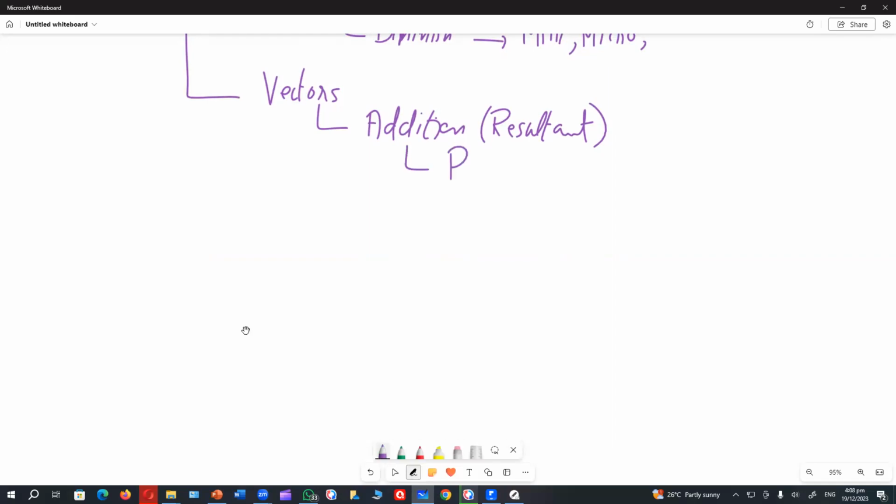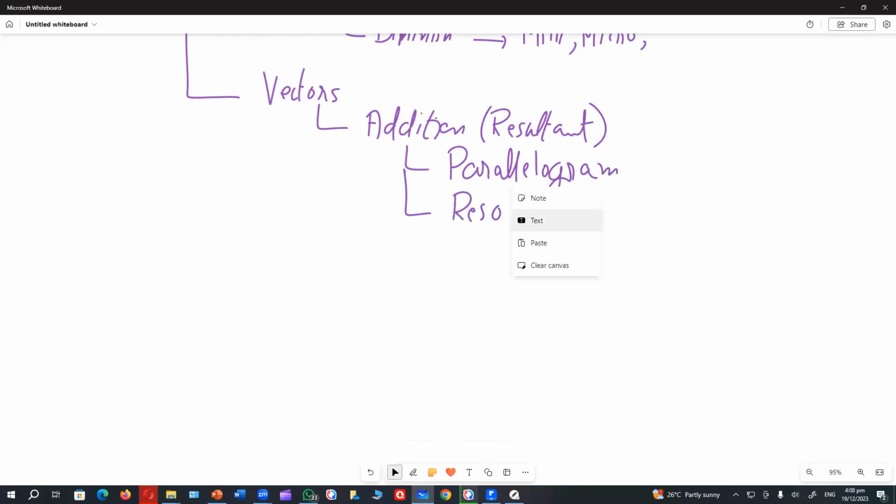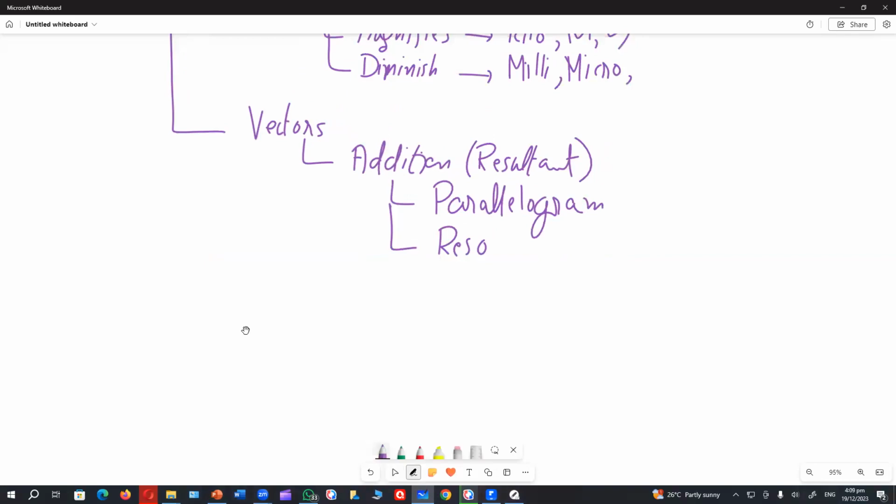Resultant vector can be found in two ways. One is called the parallelogram method, and the second is the resolution method.